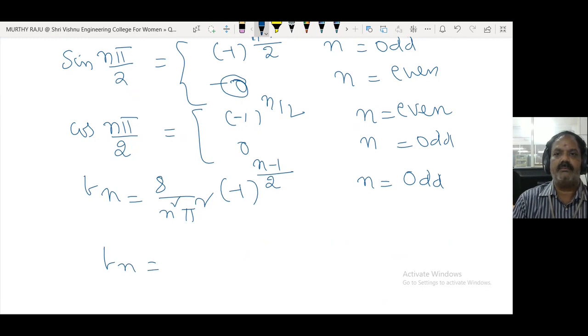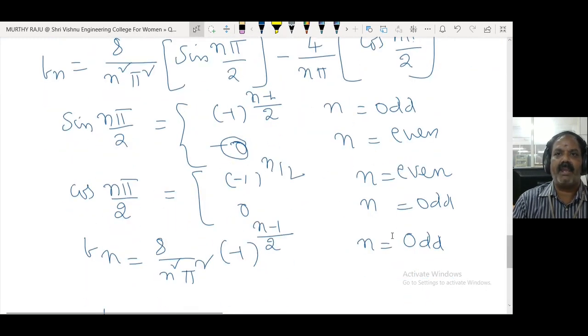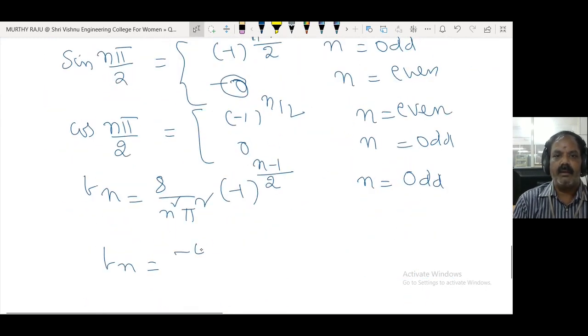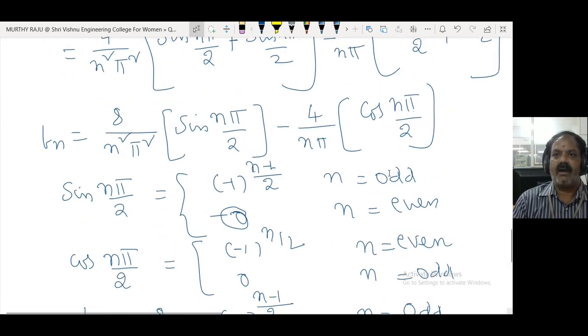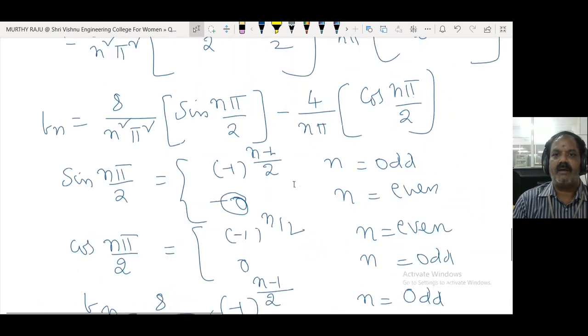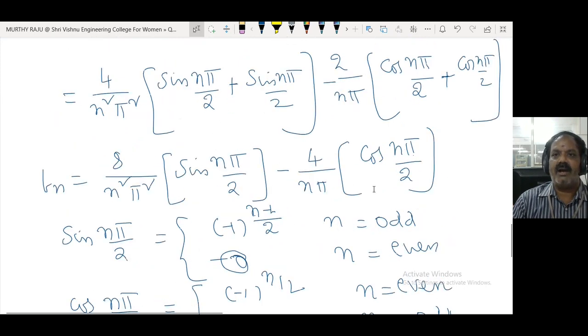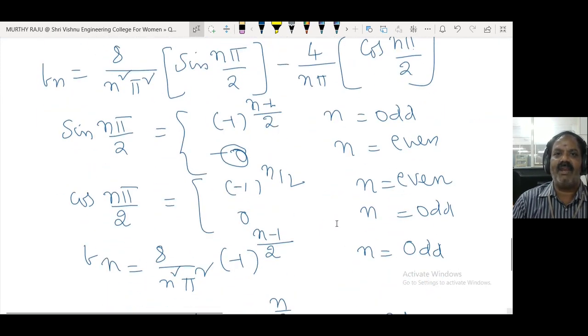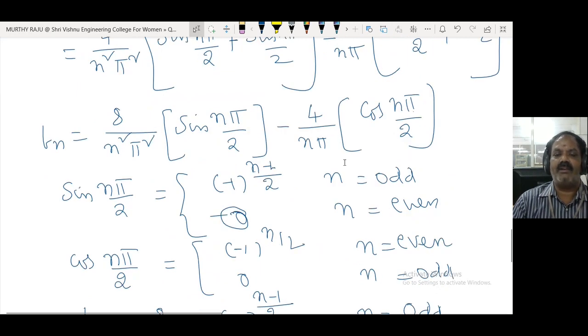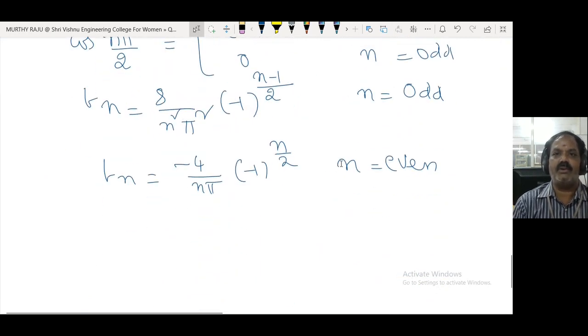Bn is equal to minus 4 by n pi cos n pi by 2, which is minus 1 whole power n by 2 when n is even. For n is odd, cos n pi by 2 value is 0. For n is even, sin n pi by 2 value is 0. Therefore, it is divided into two parts.